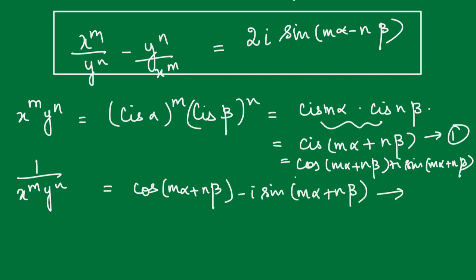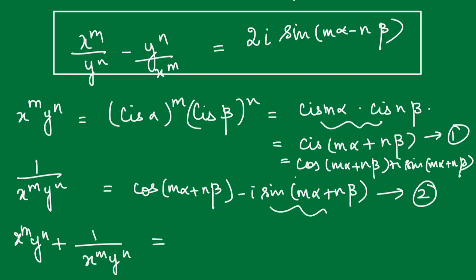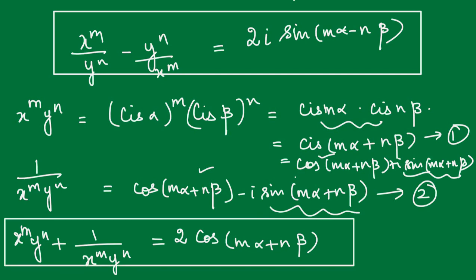This is equation number 2. Now adding 1 and 2, we get x^m y^n plus 1 by x^m y^n. Adding, the plus and minus terms get cancelled and we get 2 times cos, so this is 2 cos(mα + nβ). So hence proved.